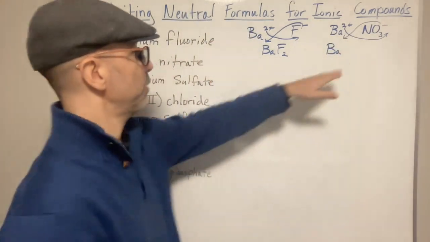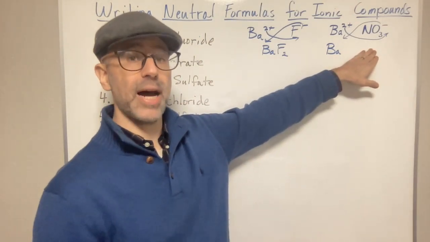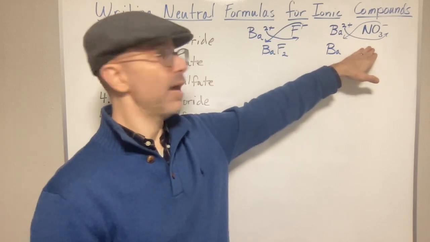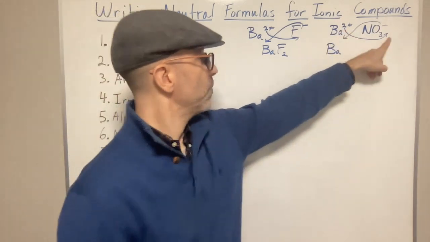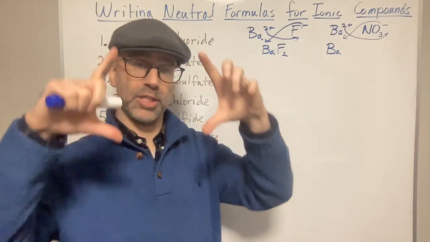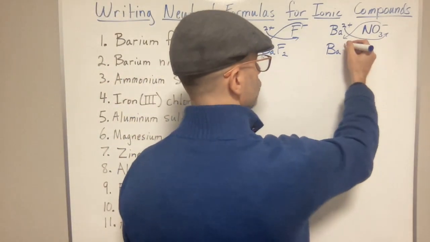And so here's where we need to be careful with the polyatomic ion. Since we have more than one polyatomic ion, we're going to have to use our parentheses. And the 2 is going to be on the outside of the parentheses, but the ion formula is going to be within the parentheses. So we need to identify this as having 2 nitrates.